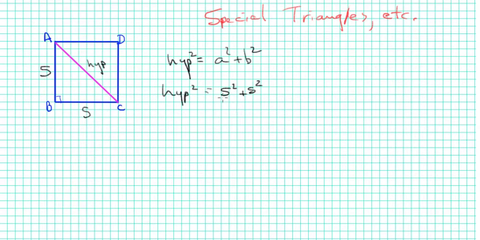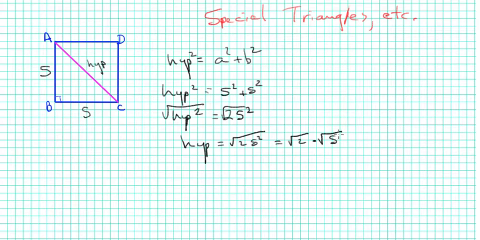squared. So S squared plus S squared, well, that's pretty much 2S squared, isn't it? And so the hypotenuse squared is equal to 2S squared. And so now we just find the square root of both sides. And we say the hypotenuse is equal to the square root of 2S squared, but that equals the square root of 2 times the square root of S squared.